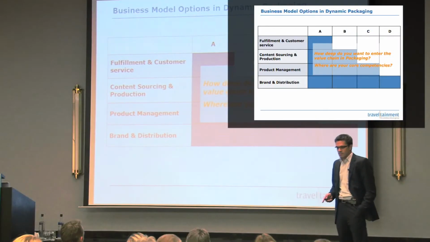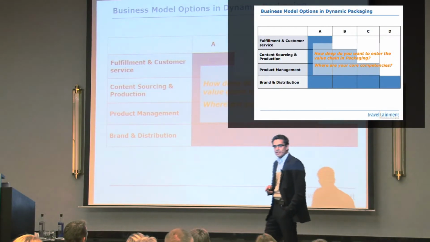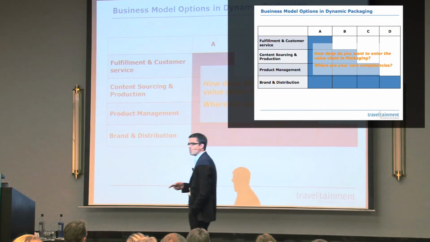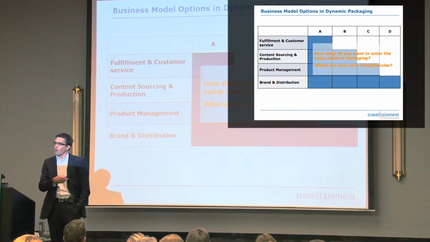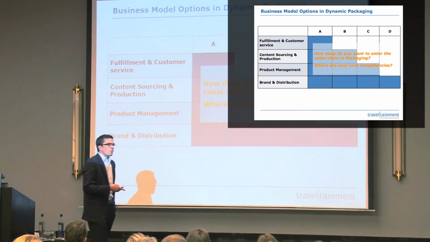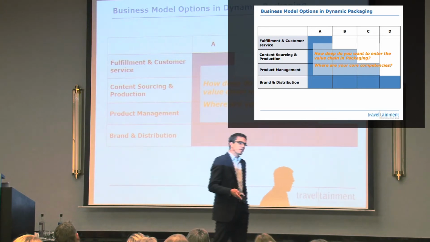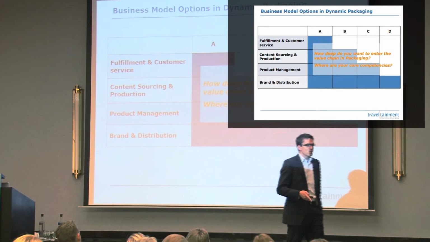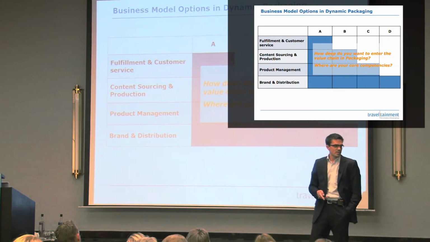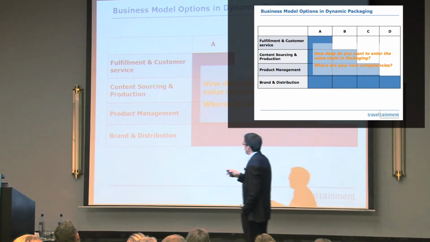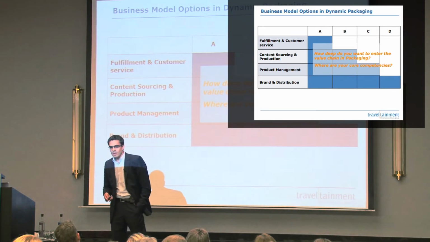So the question is, if you want to enter dynamic packaging, how deep do you want to enter that value chain? Do you feel capable to cover all 4 areas? Or would you say, well, I'm very good in brand and distribution, I know what e-commerce is, I know what the end consumer likes, but I don't want to get too deep into all that operational stuff. There are others who say, I already have the infrastructure in place.